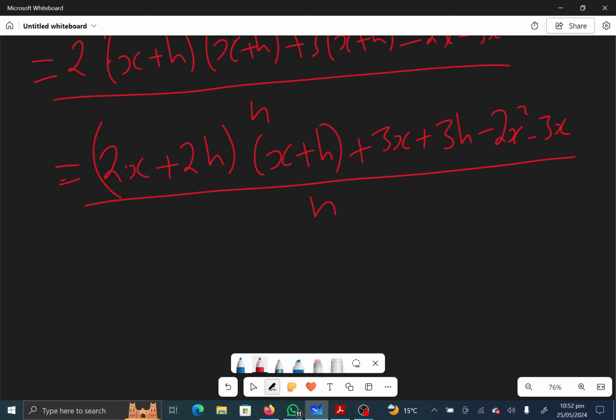Then we proceed. So since we have now 2x plus 2h, then 2x plus h, so we can now factorize this.